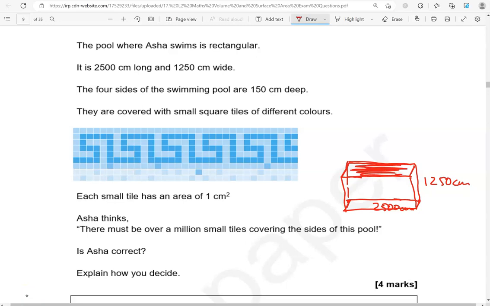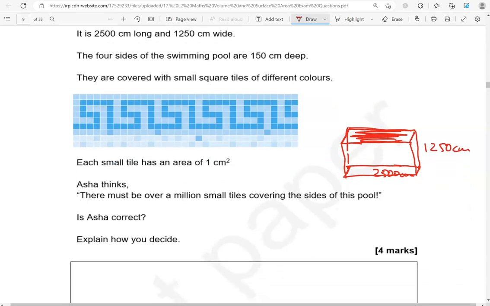So these long sides, they measure 2,500 by 150, and we've got two of them. And these sides, they will measure 1,250 by 150.